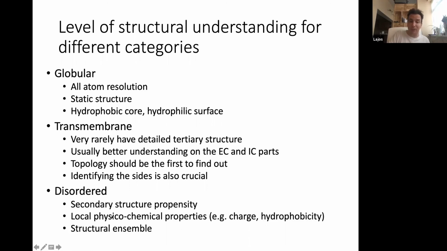In these other proteins, you most often have 1,000 or 10,000 structures. That represents the most probable structural states of that disordered region. And then you have to continue your analysis with all these structural states.